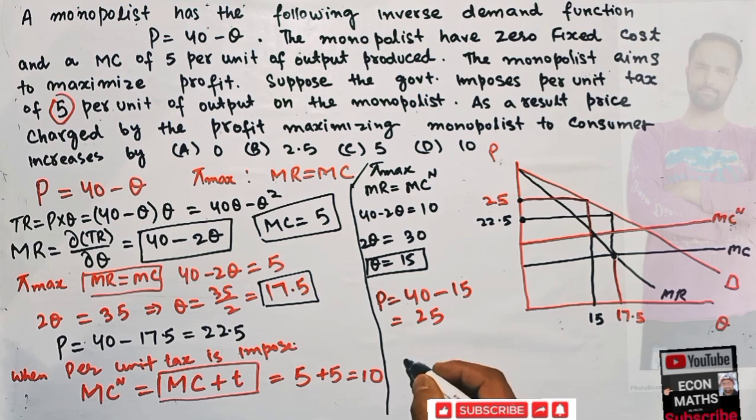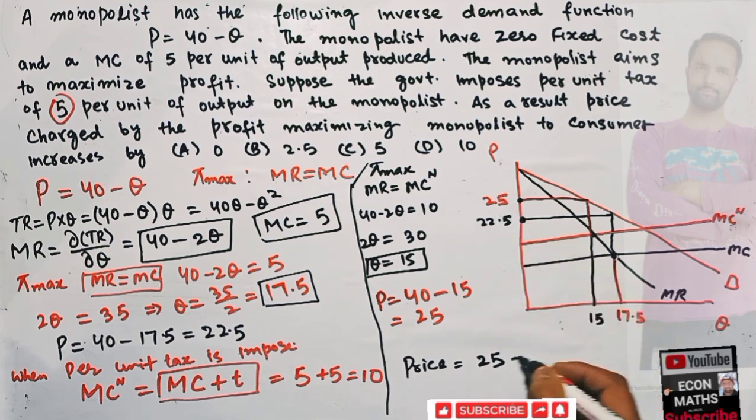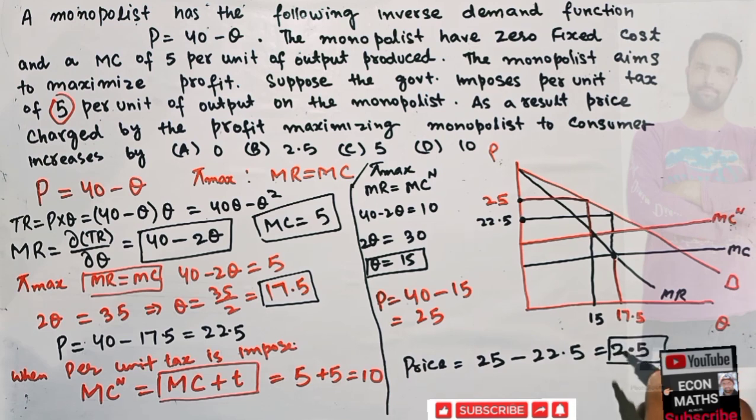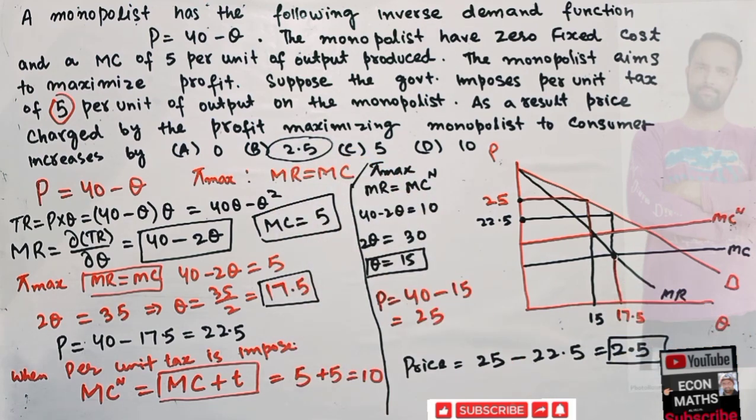That means price has changed from 22.5 to 25, the difference comes out to be 2.5. That means price will increase by 2.5. Okay, the correct option I guess should be 2.5.